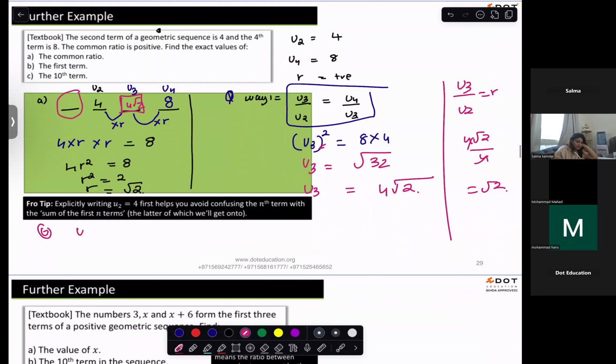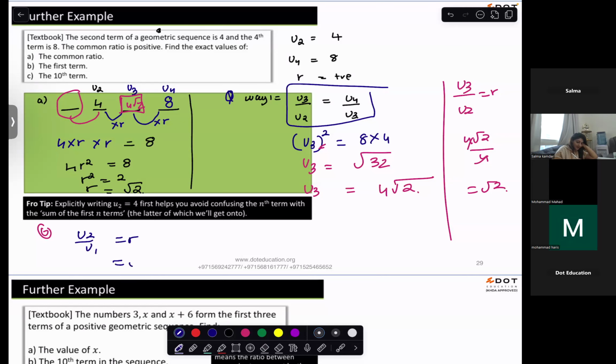So can I write U2 divided by U1 equals R? If I divide this by U1, I'm going to get R. I can use that, right? Yeah, you can use that. U2 divided by U1 is equal to R.